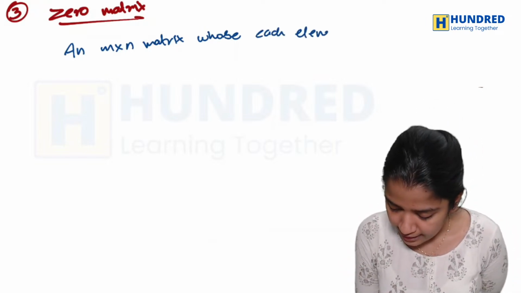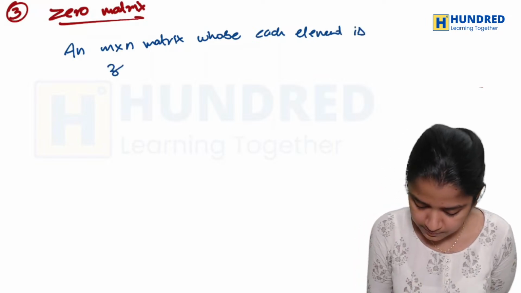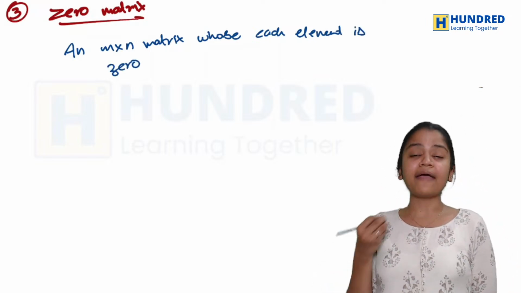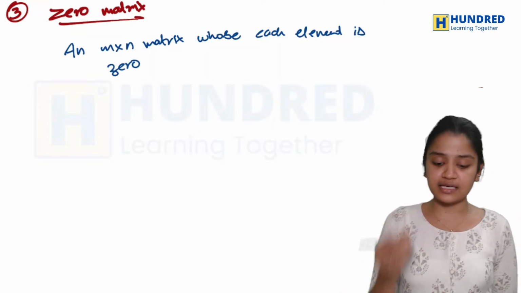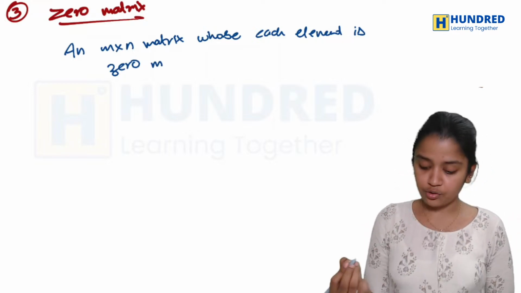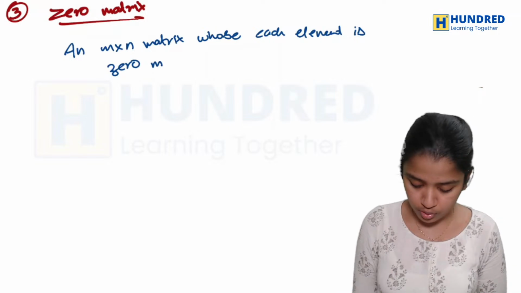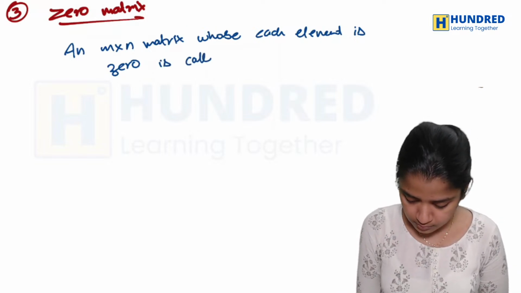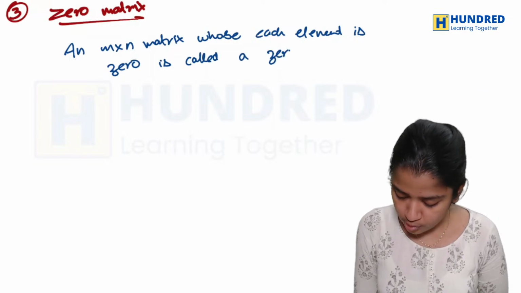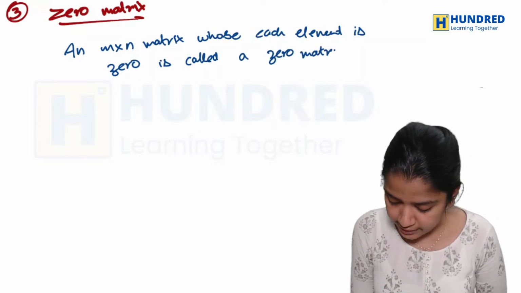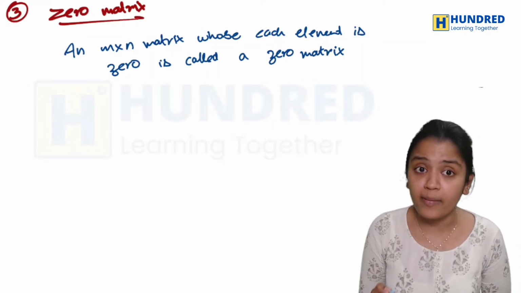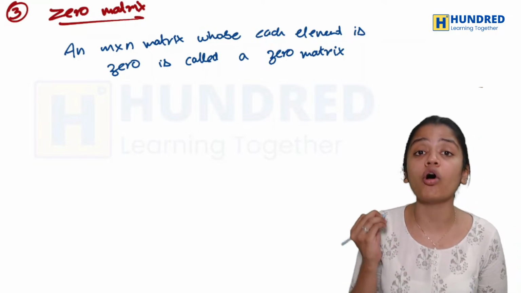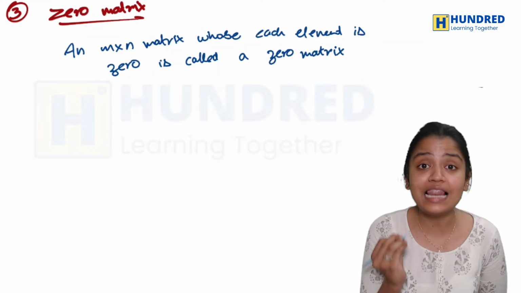Every element inside the matrix is 0. When each element is 0, it is called a zero matrix. You can call it a zero matrix, and a zero matrix is also called a null matrix.